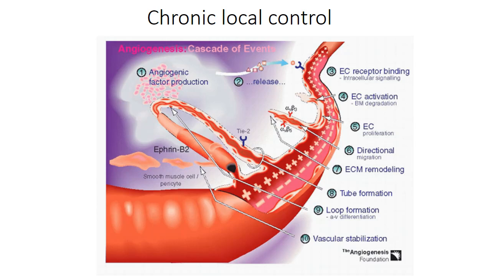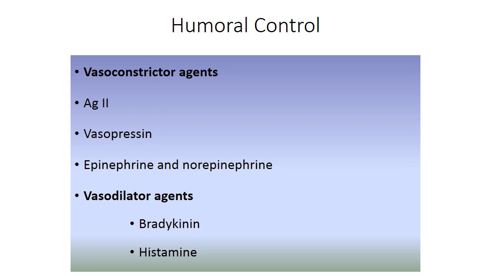Outward remodeling means increasing the radius of vessels. Outward hypertrophic remodeling means that both hypertrophy of the vessel wall and increasing diameter of the vessels are seen. So depending on the vessels, arterioles or big arteries, different remodeling is seen during chronic local control.